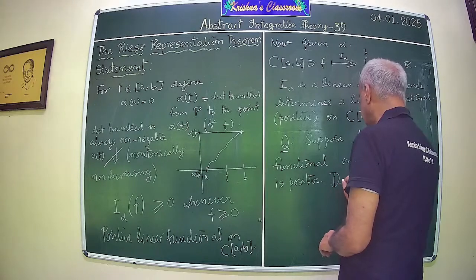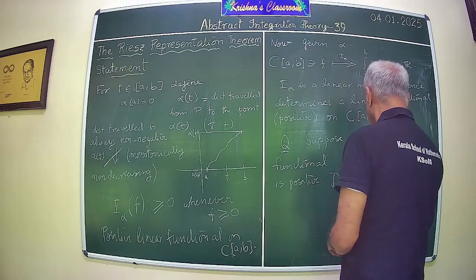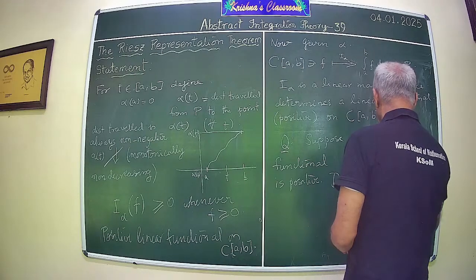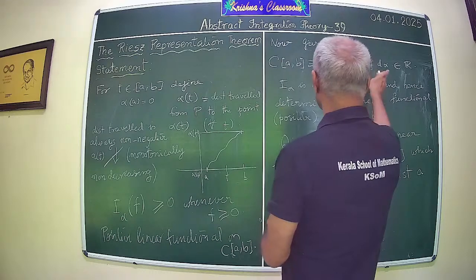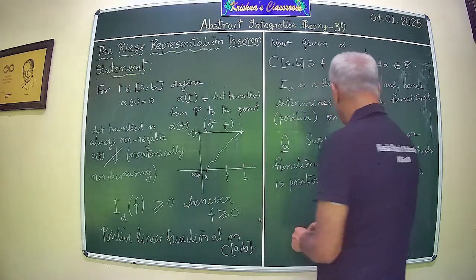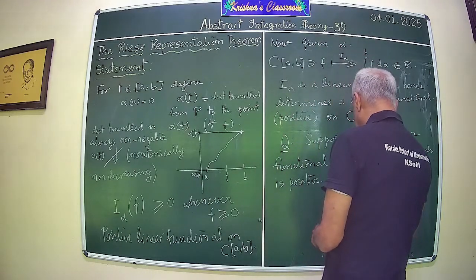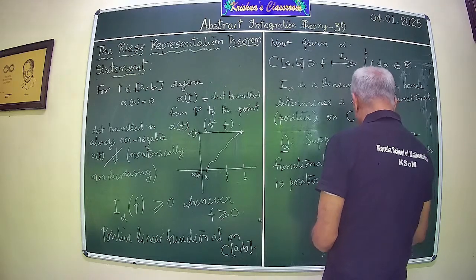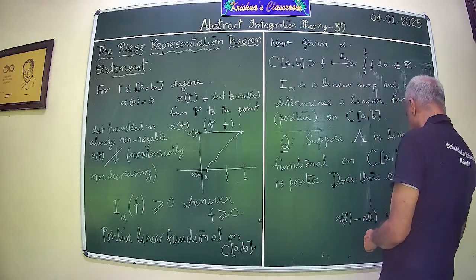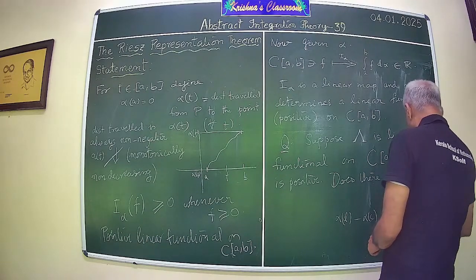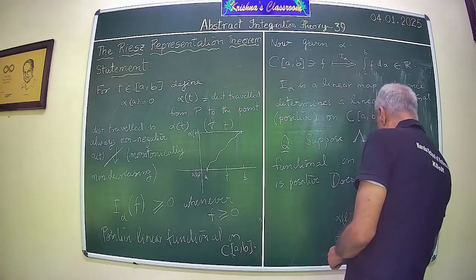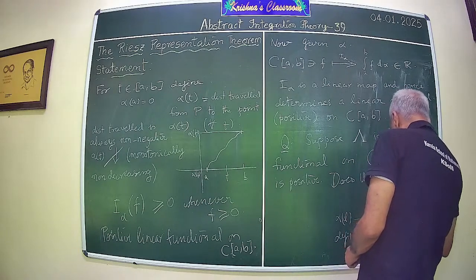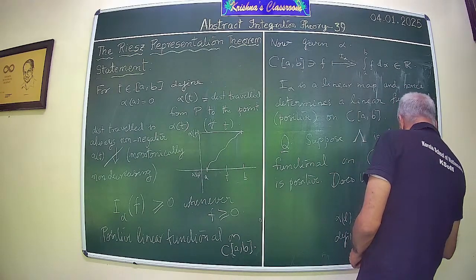So does there exist a measure? Now you see the distance, the new distance that we have defined. Actually, alpha(d) minus alpha(c) is a newly defined distance for interval [c,d].